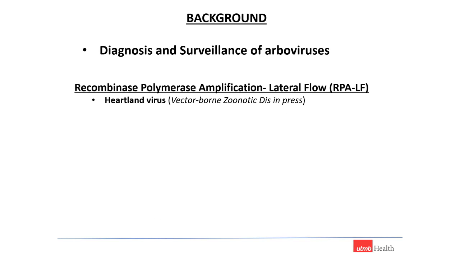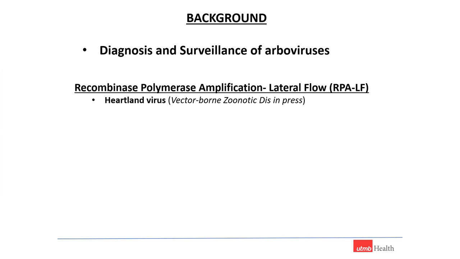Currently, we just recently published a paper on Heartland virus, which is a tick-borne infectious disease transmitted by Amblyomma americanum, which causes a febrile illness that's potentially lethal, especially in immunocompromised elderly patients, found throughout the Midwest to the East Coast.